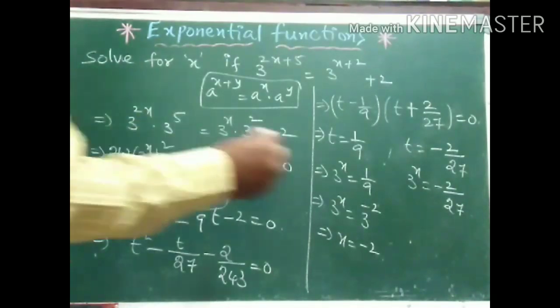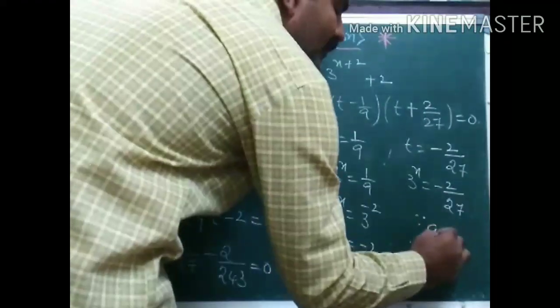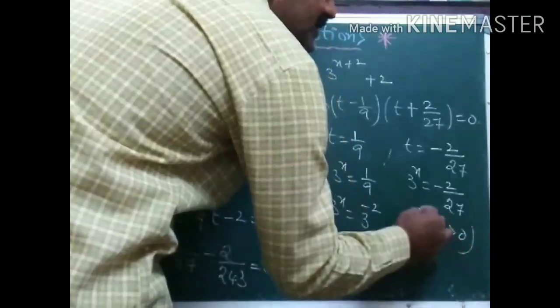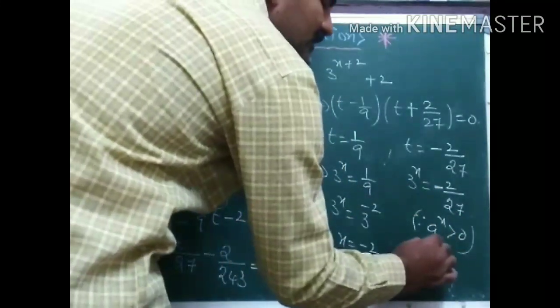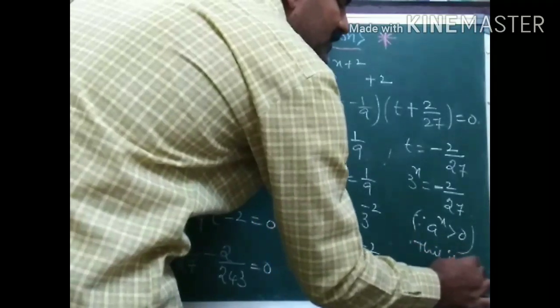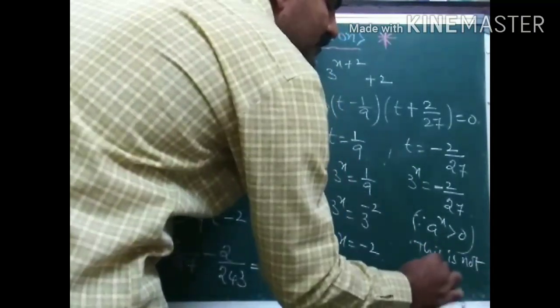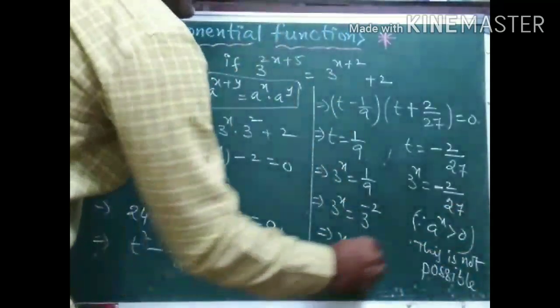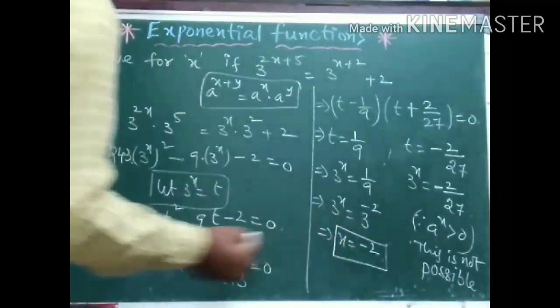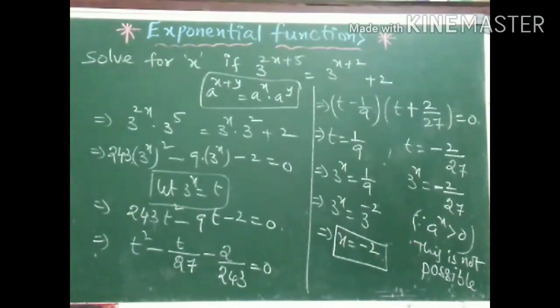Since a power x is always greater than 0, it can never be equal to a negative number. So this condition is not at all possible. Hence the value of x is minus 2.